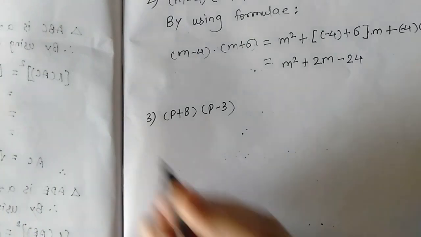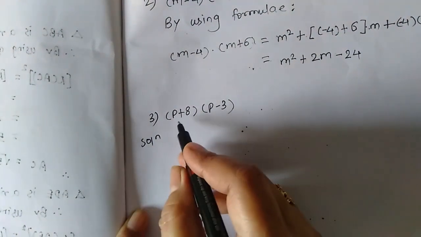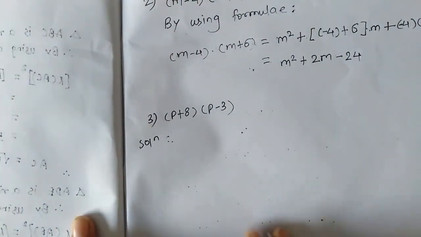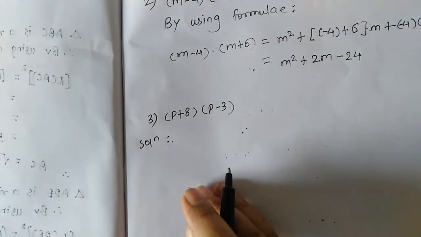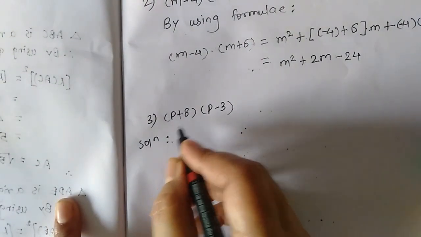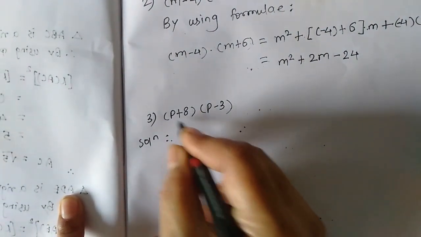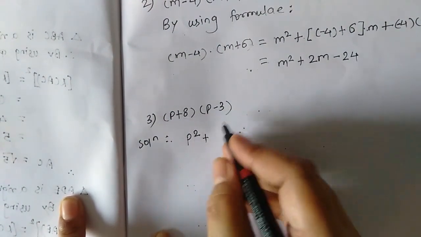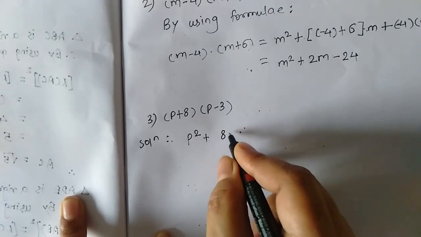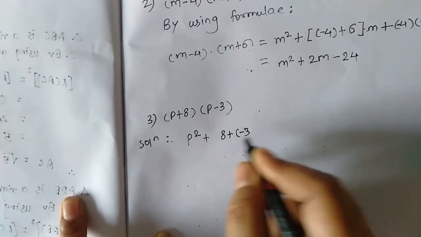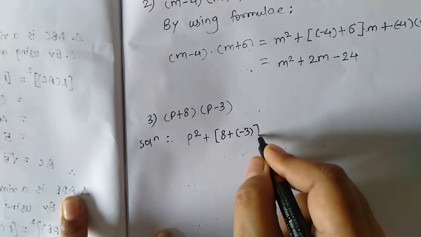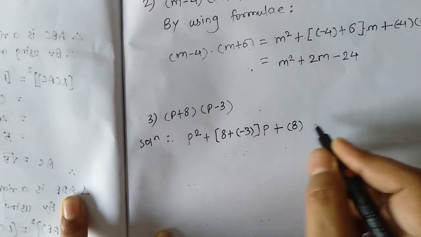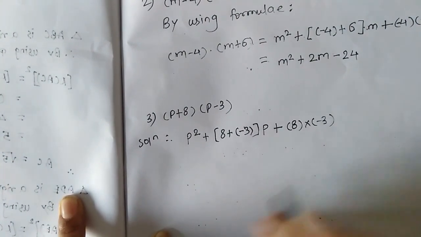Now the third question, (p plus 8) into (p minus 3). So write down the solution. You can directly write down the formula, otherwise you can directly solve. So p square plus (8 plus minus 3) into p, plus 8 into minus 3.